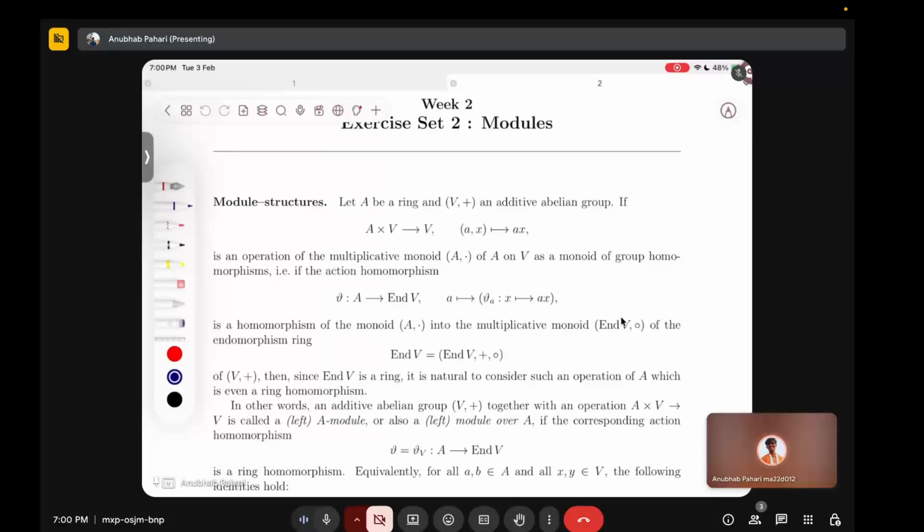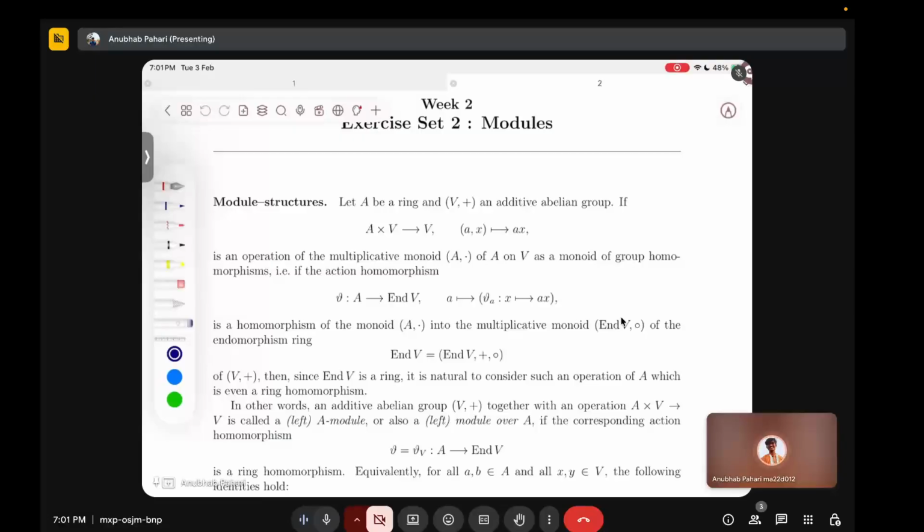So, let A be a ring and V be an additive abelian group. If there exists an action of A on V, like (a, x) goes to a·x or ax, which is an operation of the multiplicative monoid of A on V as a monoid of group homomorphisms.